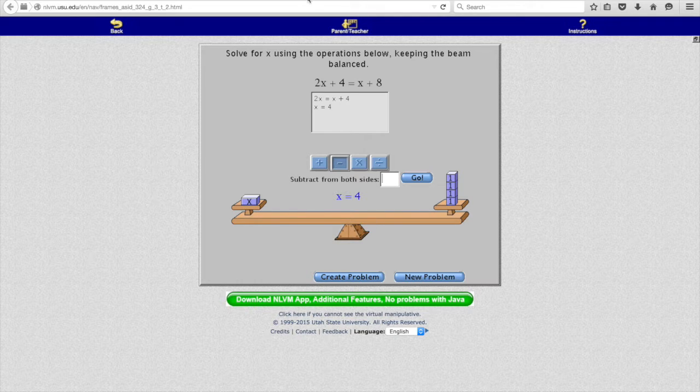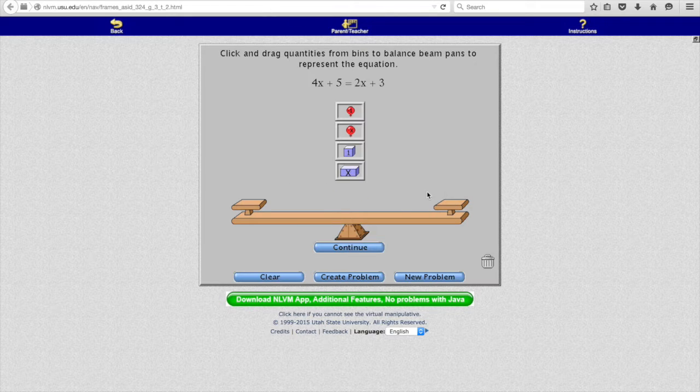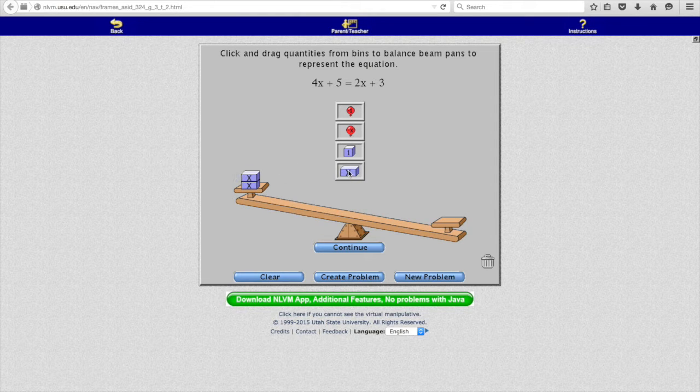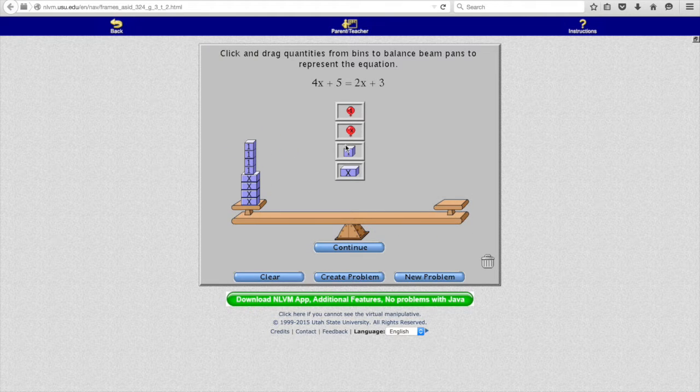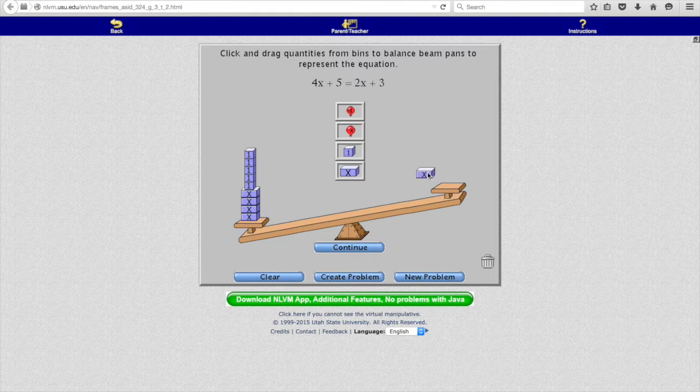Here's another example with our balance scale, and then we'll move on to some other pencil and paper examples. 4x plus 5 equals 2x plus 3. So once again, we simulate 4x, 1, 2, 3, 4, 5, and then over here, 2x plus 3.